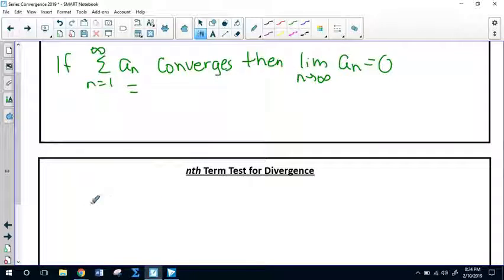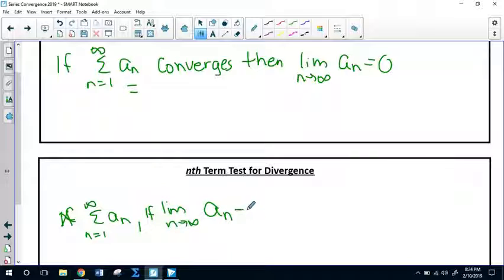And the other way it works, but not quite. If you have this infinite series, and if the limit as n approaches infinity of a sub n does not equal 0, then the series diverges.